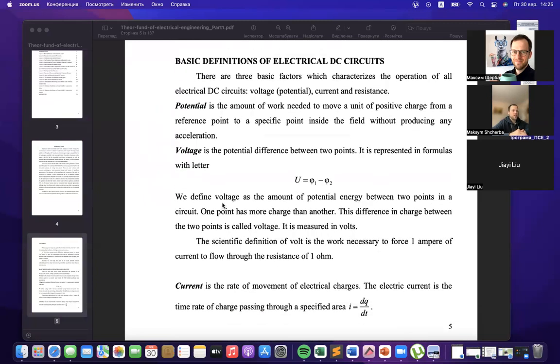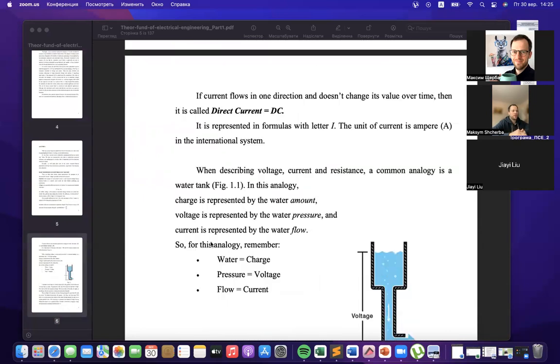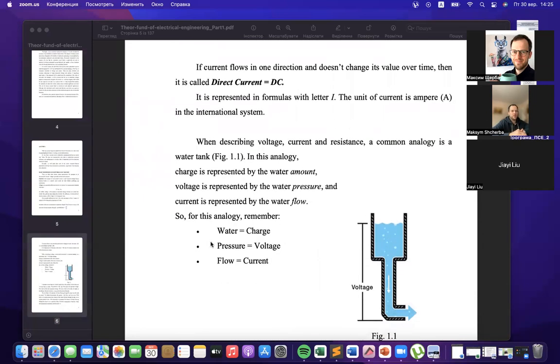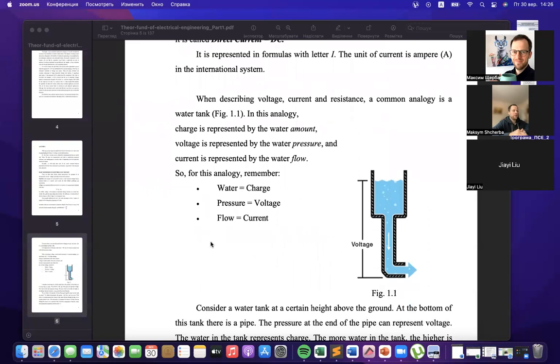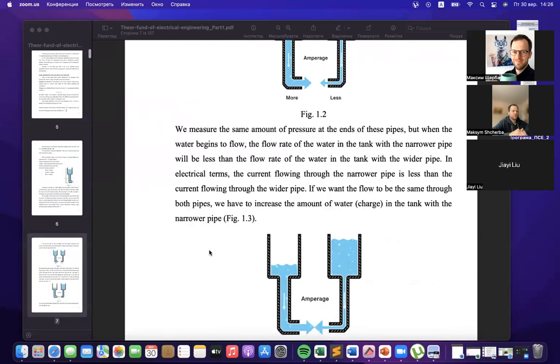We divide all the main things into consumers and generators, operating with basic physical properties such as voltage, current, and resistivity, which connects voltage and current and describes the property of parts of the system, wires, equipment, and so on.